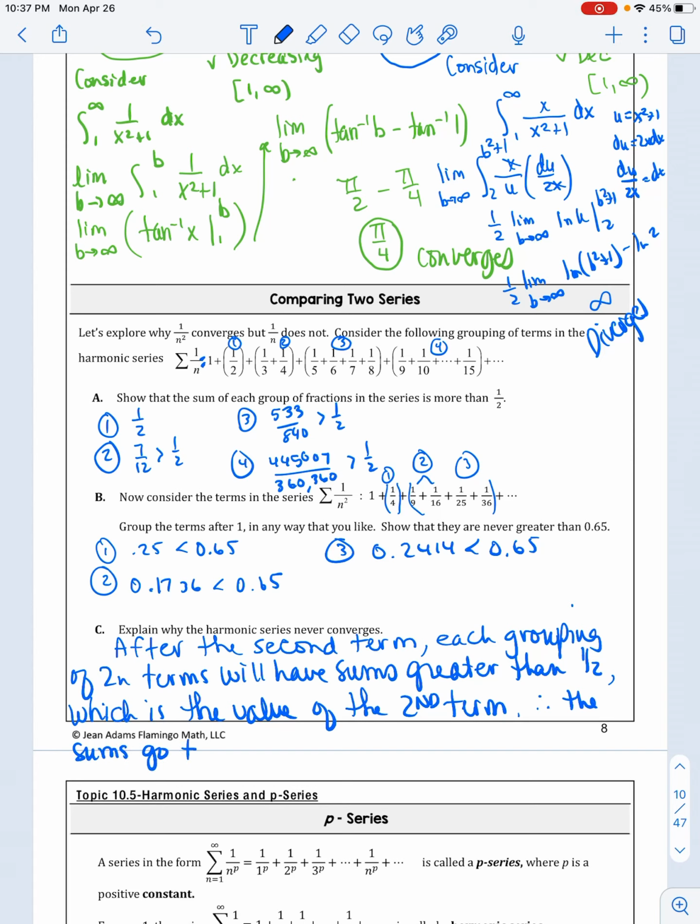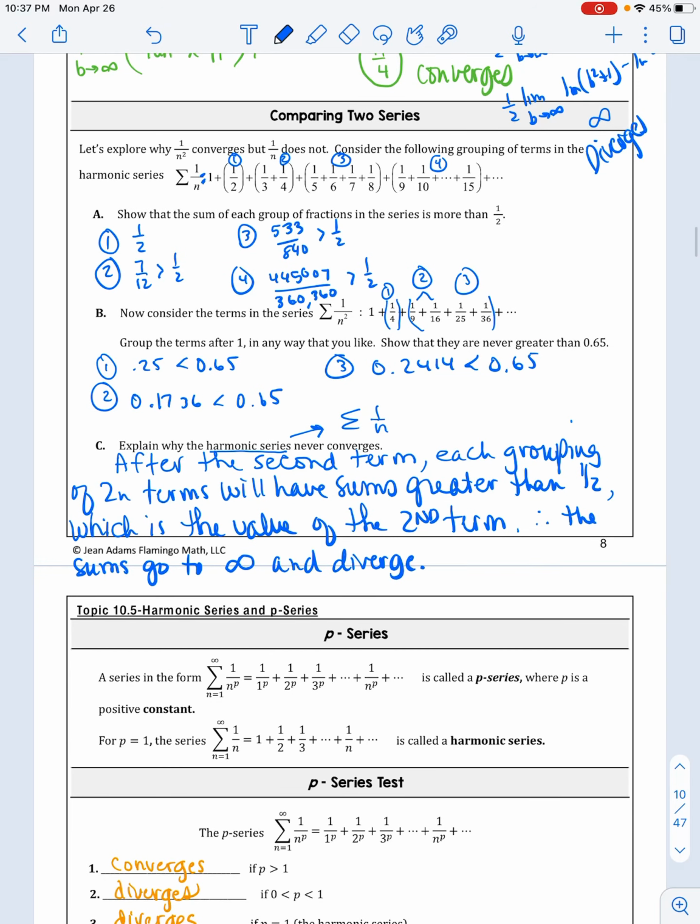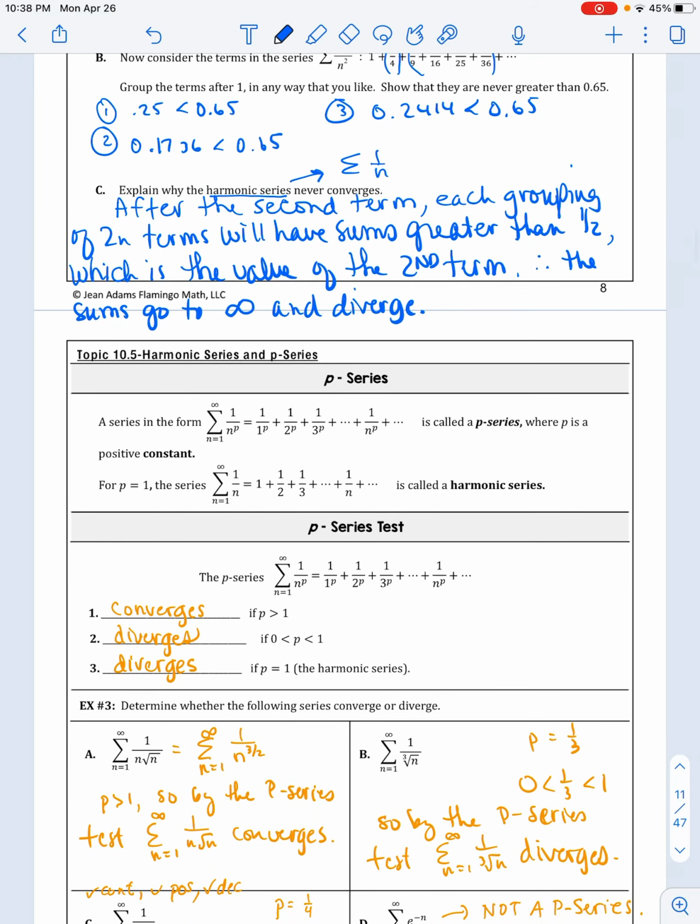Therefore, the sums go to infinity and diverge. And again, this is talking about that harmonic series, which is our summation 1 over n. It does diverge, and 1 over n squared converges. So that is something that you need to remember, and you're going to be using that when you're doing convergence and divergence.